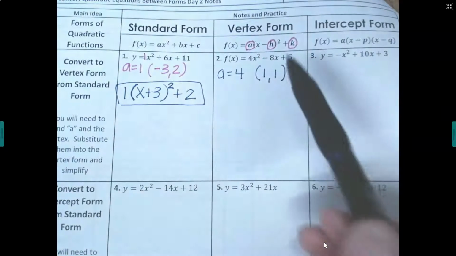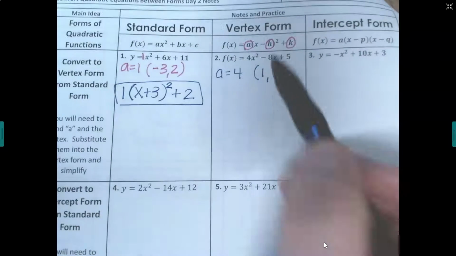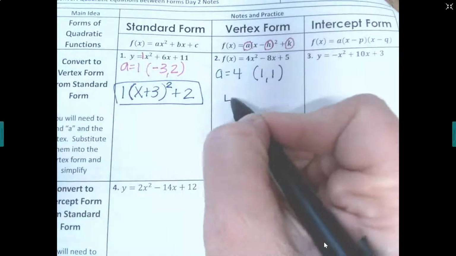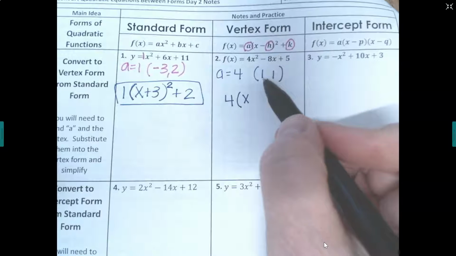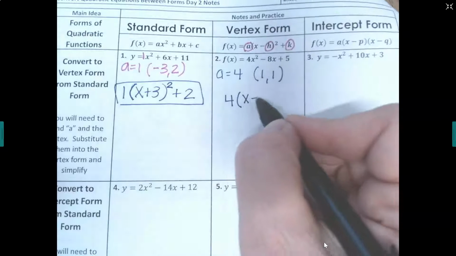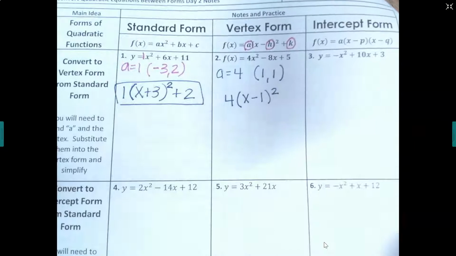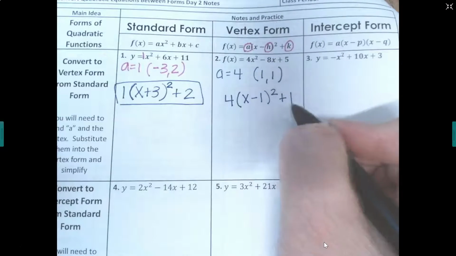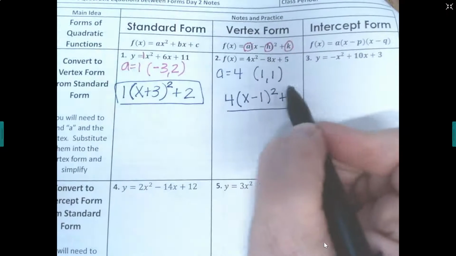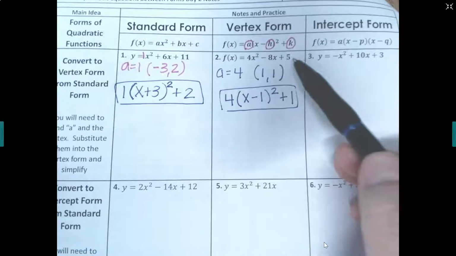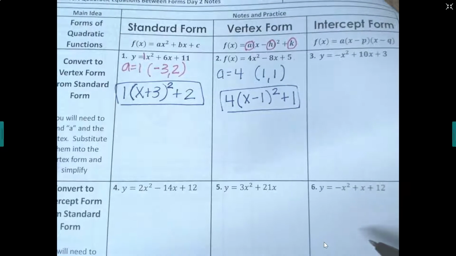Then we're going to plug it into the vertex form like we did before. The A value is 4, so we put the 4 out front first. Then it's X minus the X value of the vertex, which is a positive 1, so it becomes X minus 1 squared, plus the K value, which is the Y value of the vertex. So this is the vertex form of that standard form equation.